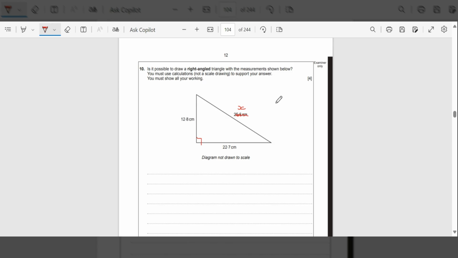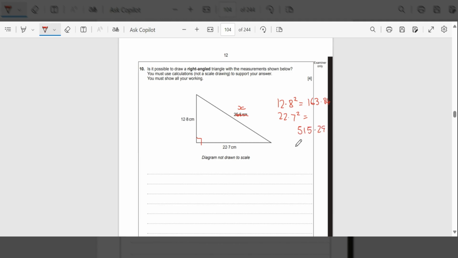So if this was a right angle triangle, to find the big side, it would be square, square. Let me do that for you. 12.8 squared. I'm not going to round anything here. Right, I'm going to literally write everything I can. I don't want to be rounding really until the end of each question. 8.4, that is. This one, 22.7 squared, my apologies, a bit slow here, is 515.29.